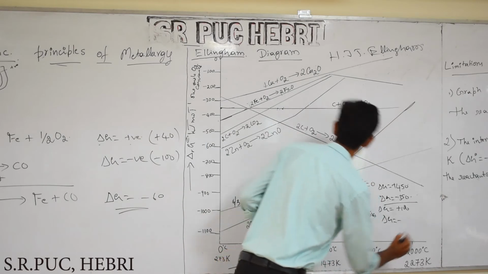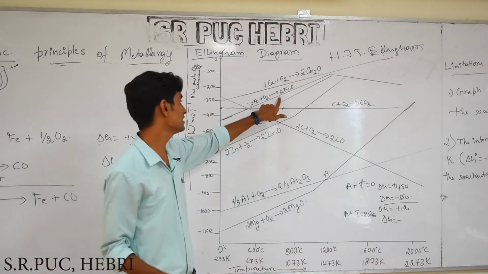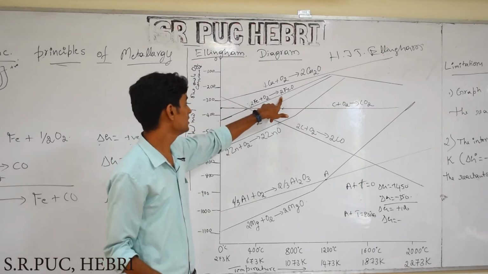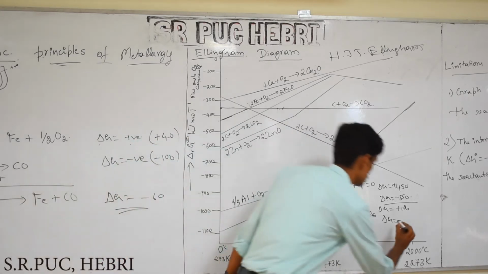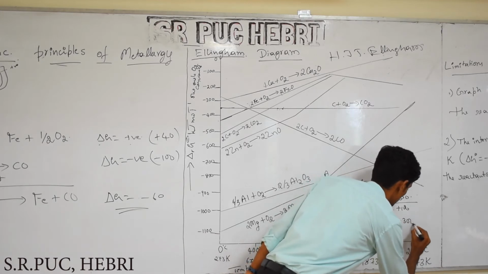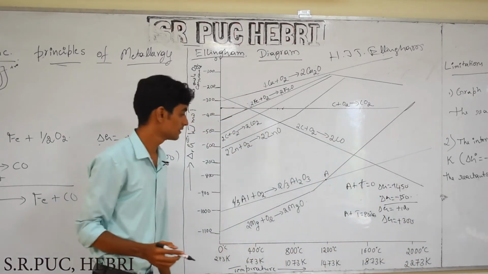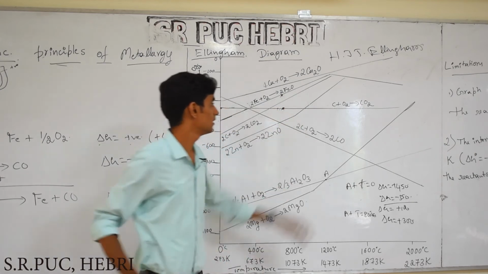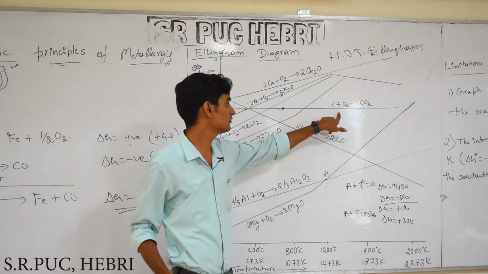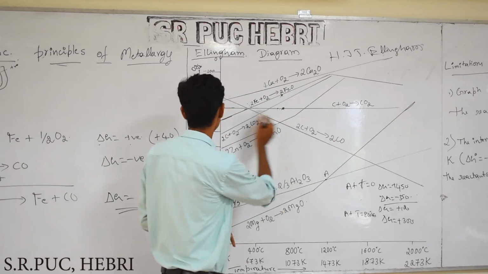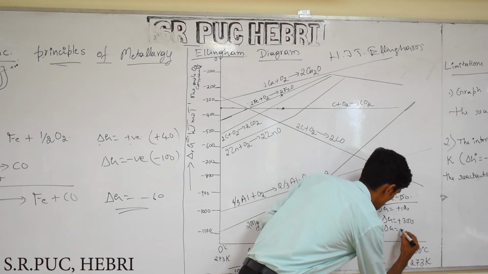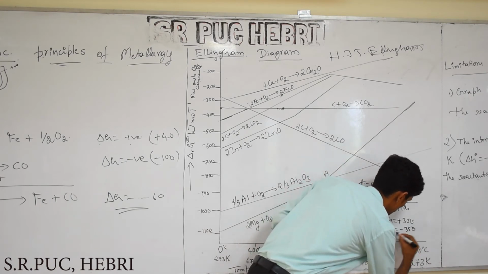That means for the reduction, it is given as minus 300, but for reduction it will become positive, so that is plus 300. And for the oxidation of carbon, delta G is minus 350.